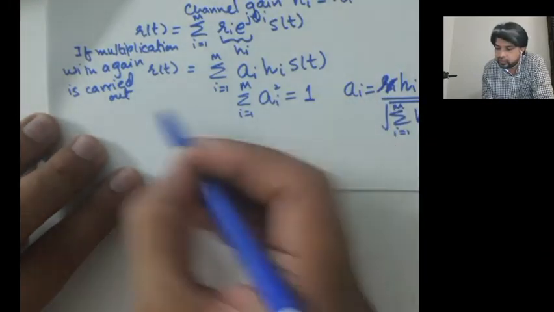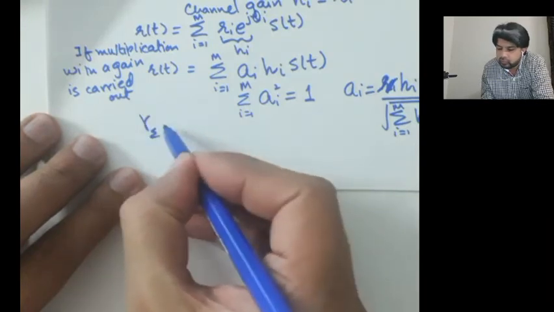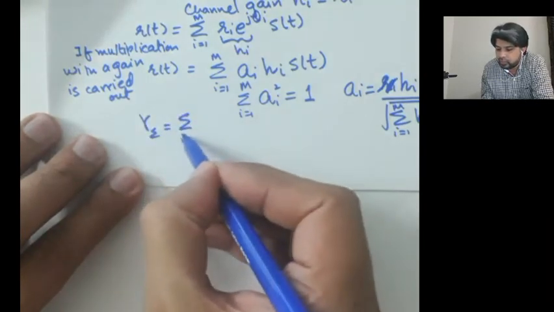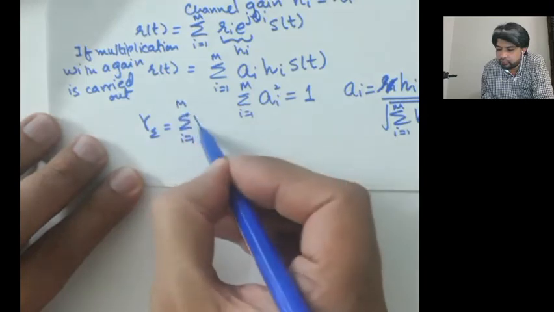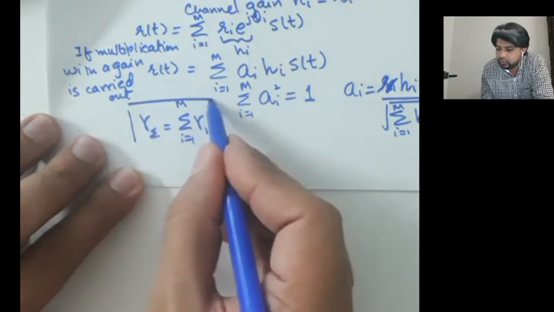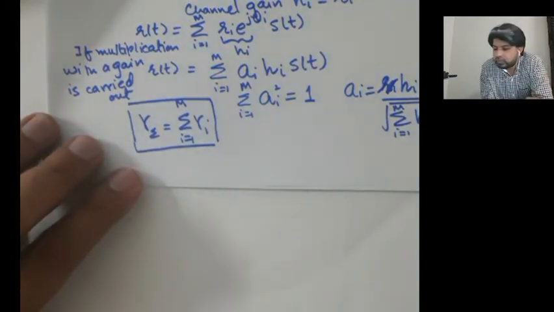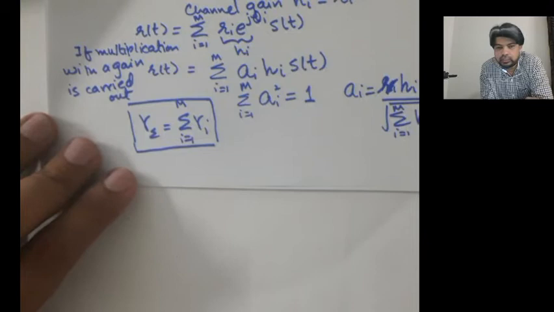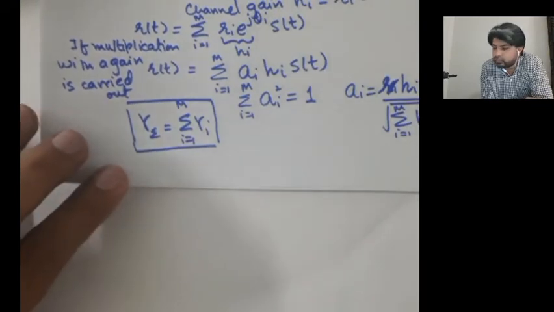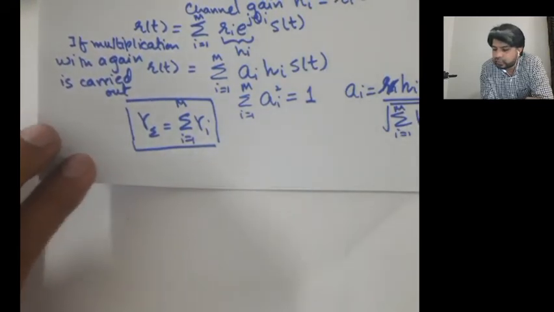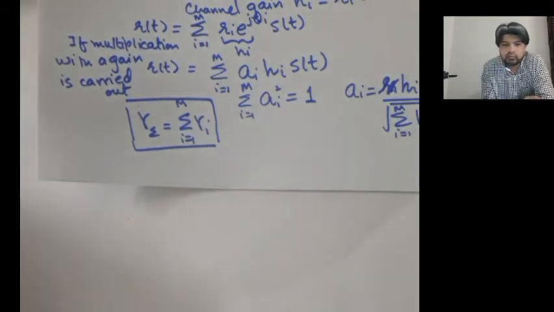Your gamma sigma would be the summation i equals 1 to capital M of gamma i, because that is what you get with maximal ratio combining, and that's what we want here as well: that your gamma sigma with transmitter diversity, when you have information about the channel at the transmitting end, would be the summation of all the individual branch SNRs. So let's see whether or not this is possible.